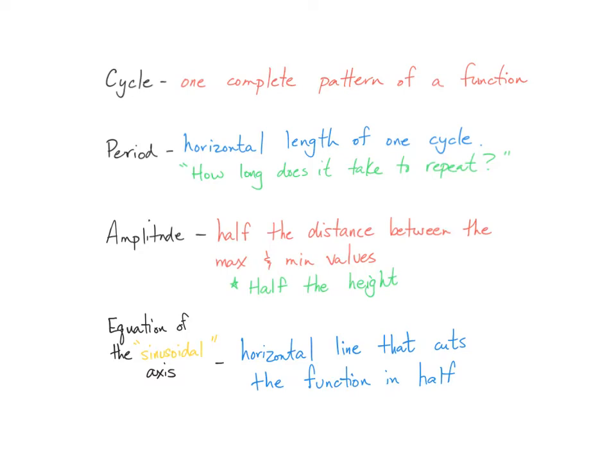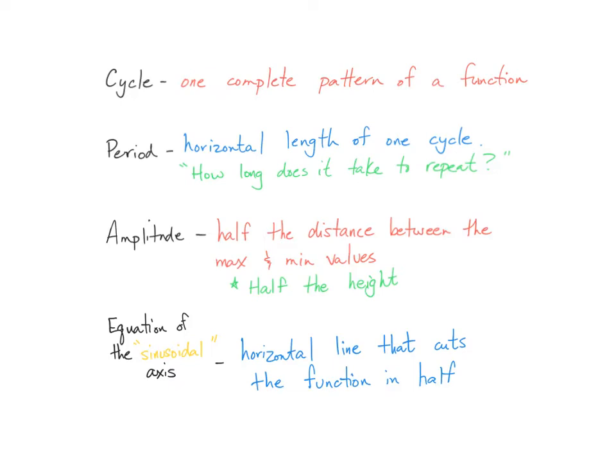All that equation of the axis references is: what is the equation of the horizontal line that cuts the function in half? So it's going to run across your graph, right across the middle, so that the top portion of your graph is exactly the same as the bottom in terms of height.